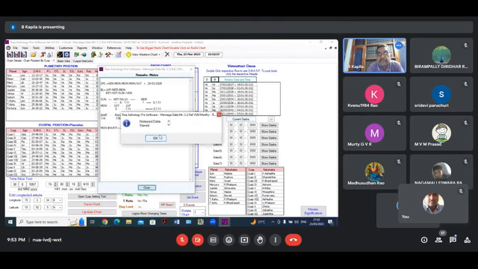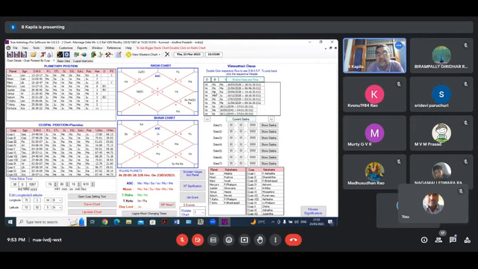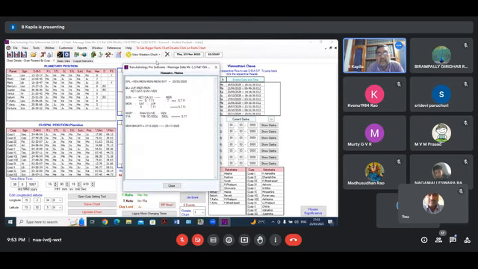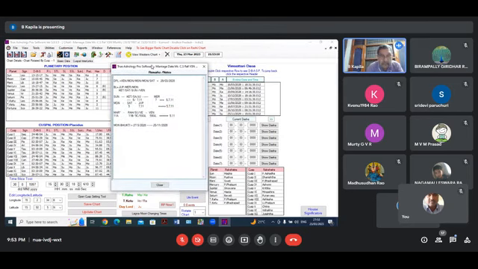Okay. Moon Antara will be from 27/3/2028 to 16/5/2028. Right? Yes, sir.